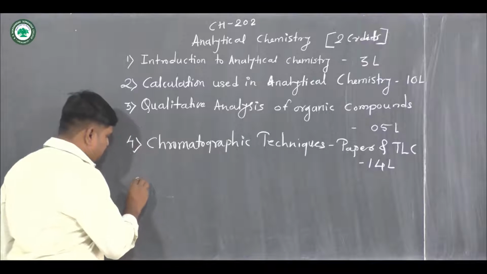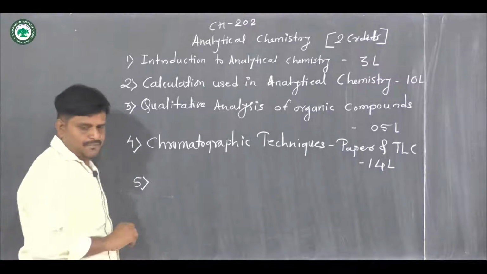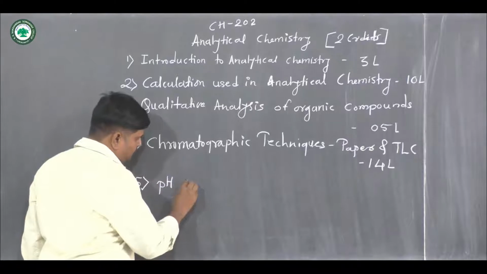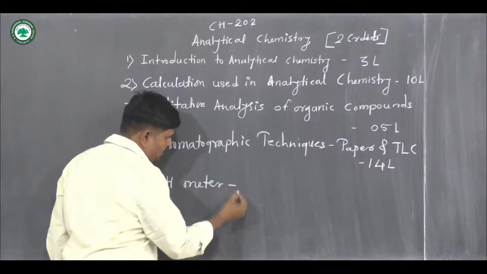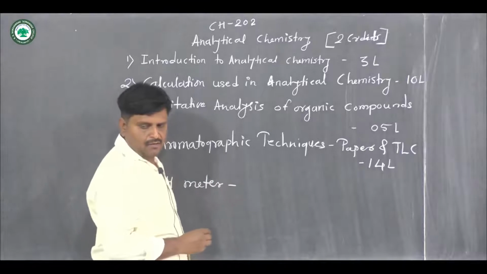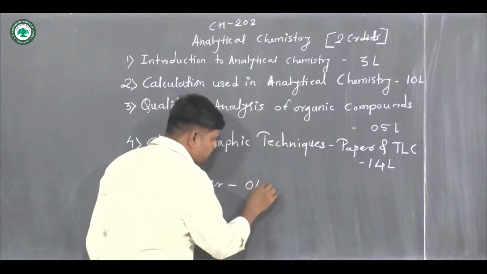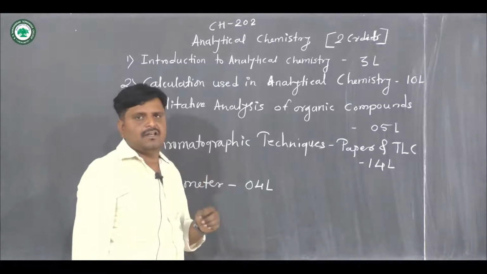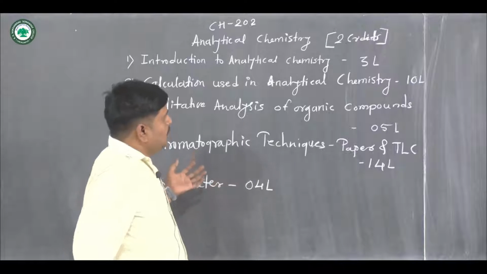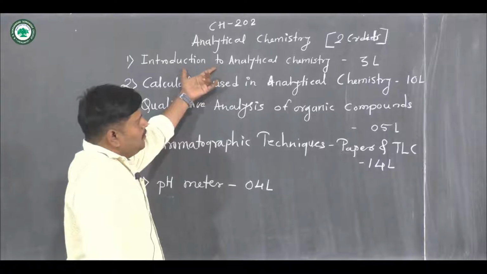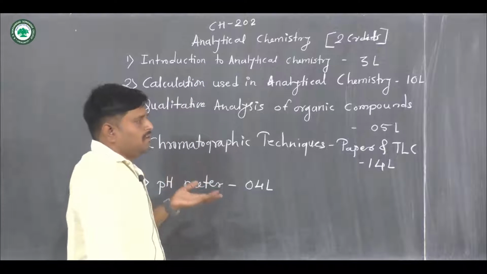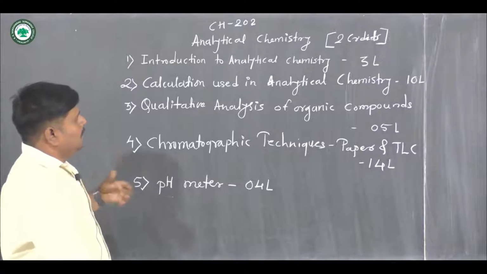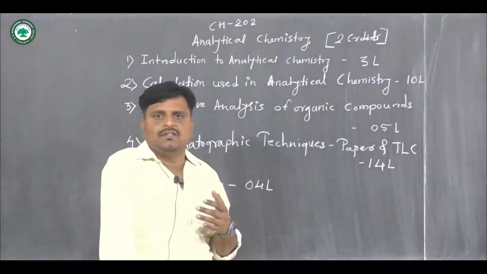Then the last chapter is pH meter, and it has only 4 lectures. So the first and last chapters have about equal weightage. The first chapter is only an introduction to analytical chemistry. The second chapter contains the different types of calculations we use in analytical chemistry.